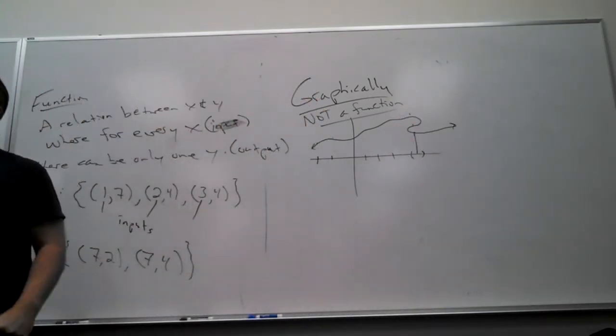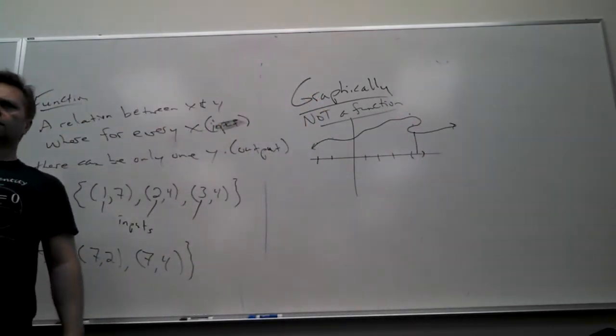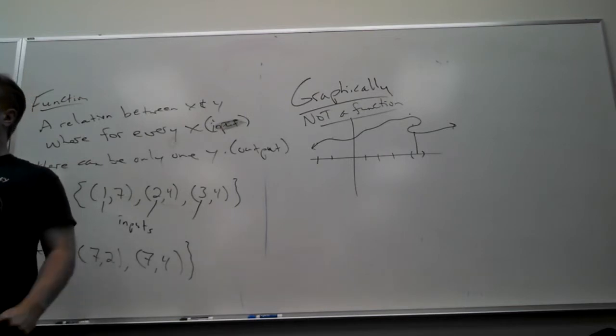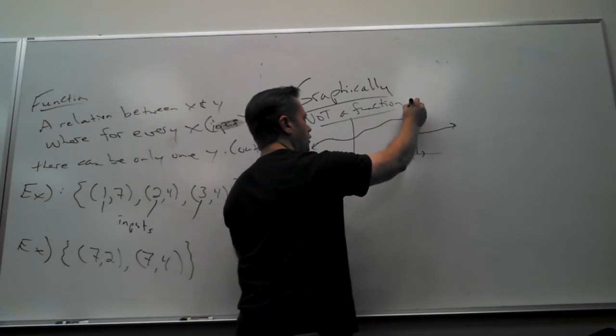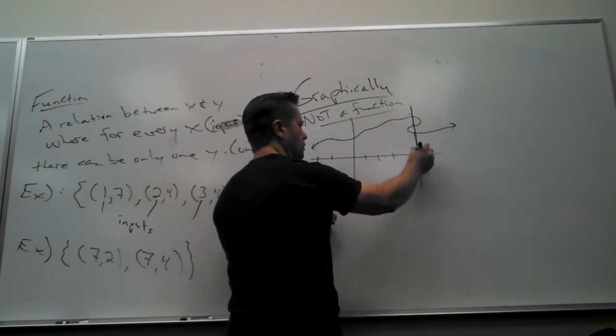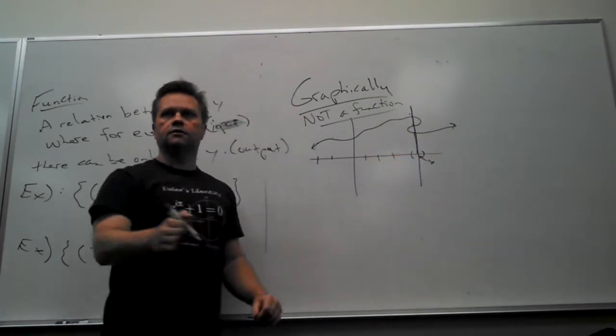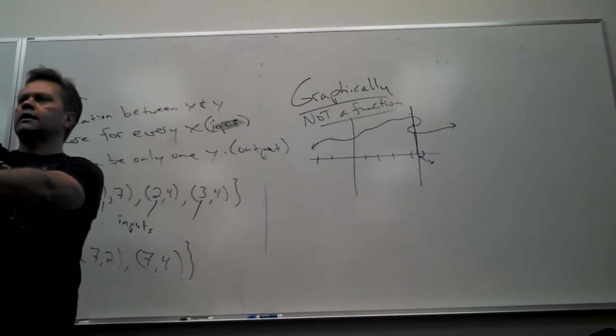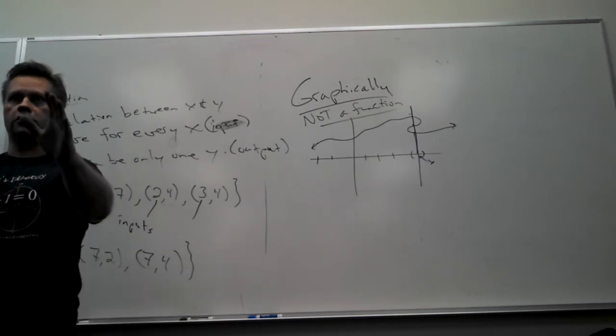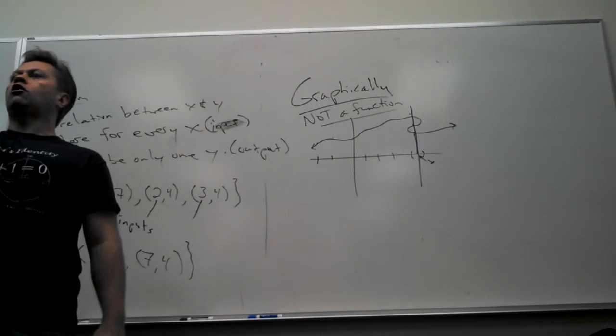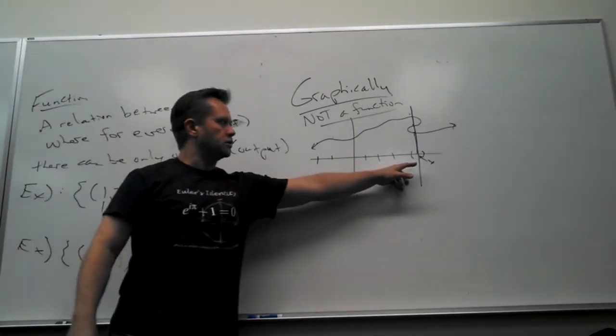So a quick test. Who knows the name of this test, the test for a function? Oh, the vertical line. Vertical line test. And why does it make sense? A vertical line represents this x value, doesn't it? X equals 7 is a vertical line. Do you remember learning that? It's a special case. If I draw a vertical line, that represents an x value.